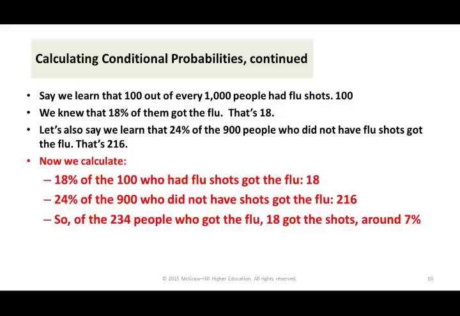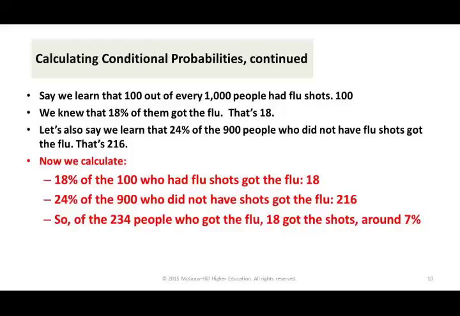Okay? So now, here's what we have. 18% of 100 people who had the flu shot got the flu. 18. 24% of the remaining 900 who did not get the flu shot got the flu.